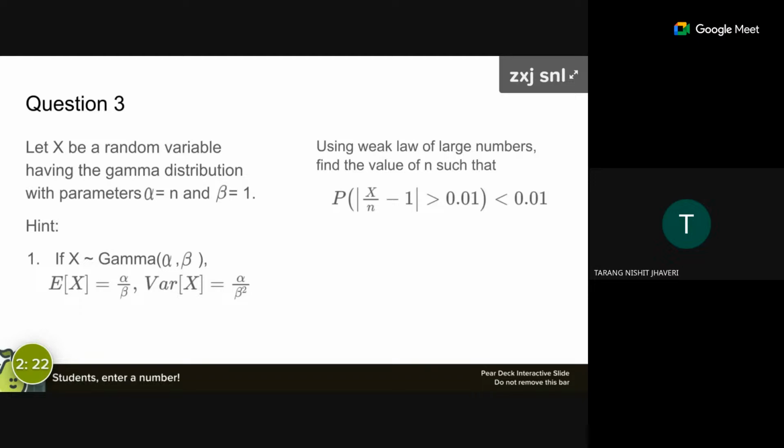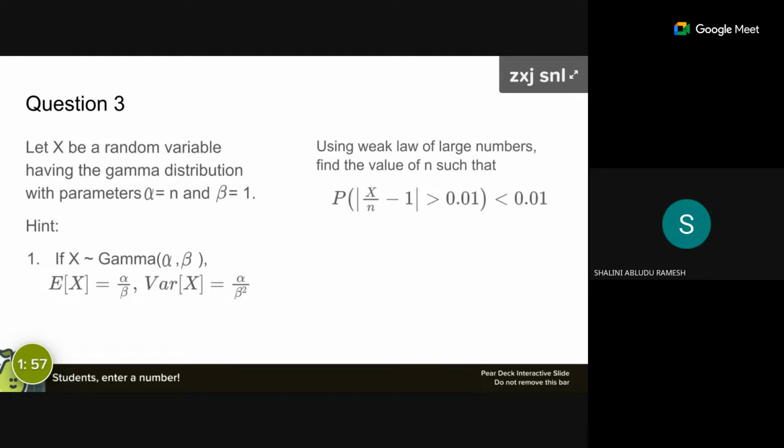No, ma'am. Can you please repeat? Sum of n IID gamma distributions where alpha is equal to n, it is exponential only. Exponential beta.